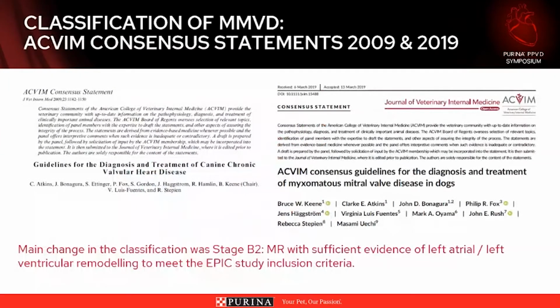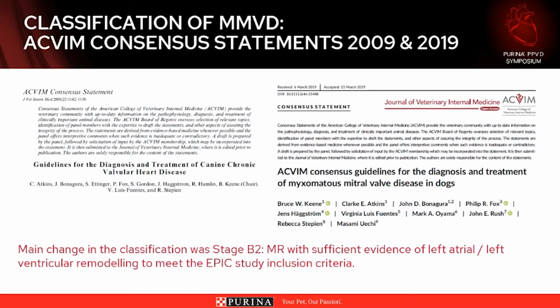So this brings us on to our clinical and imaging classification of mitral valve disease. So we have our ACVIM consensus statements about the diagnosis and management of mitral valve disease. These were first published in 2009, and there's been an update recently published in 2019.